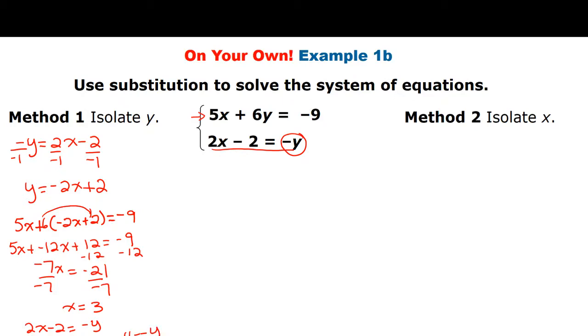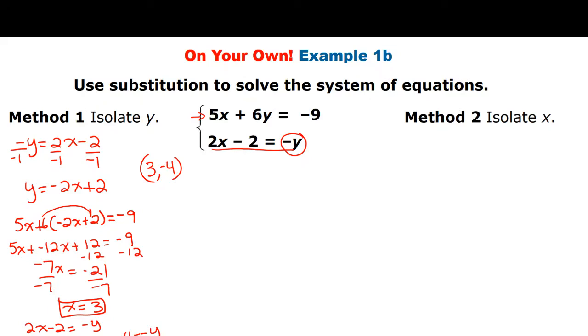So y equals negative 4. Okay, so here the solution set when I isolated for y was x equals 3 and y equals negative 4. 3, negative 4.